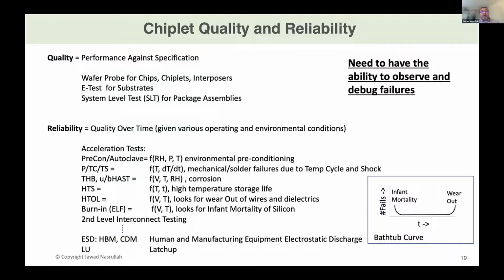design. And when you go into reliability, it's basically quality over time, right? Because now you are thinking about these systems and in a way they might be going into harsh environments. So you have to guarantee some of the things that previously may not have been a worry at the chip level.